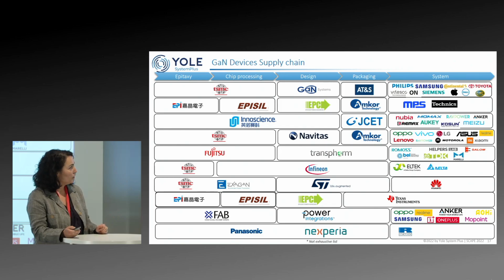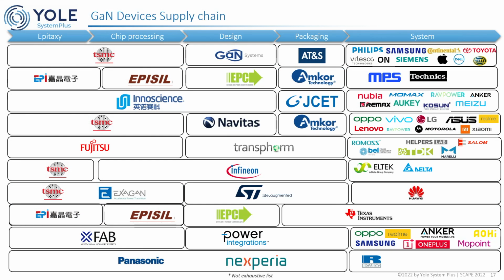So again, the supply chain. Here I also put the systems where the devices are integrated. This is the supply chain of gallium nitride-based devices. As you've seen, it's much more complex than silicon carbide.